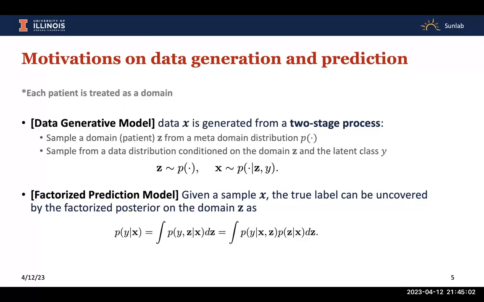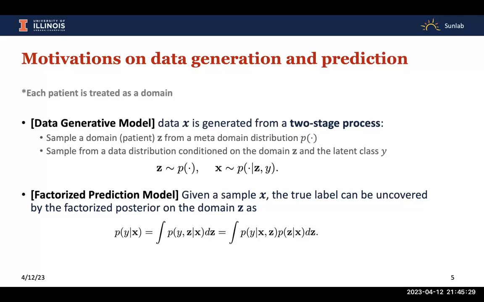So we assume all these patient datasets are generated from this two-stage process. Then if we obtain a new data sample X, we first find its latent domain, and then use the latent domain to help us predict the final label. So we build this factorized prediction model by this mathematical formula.